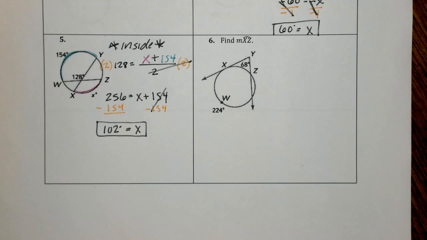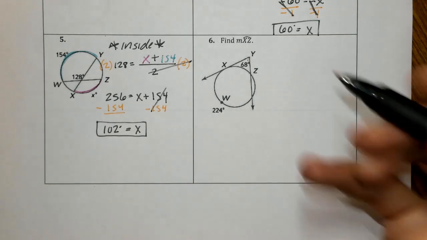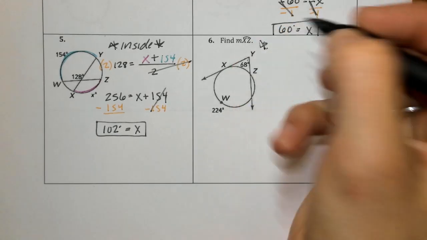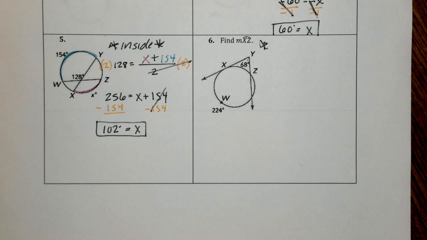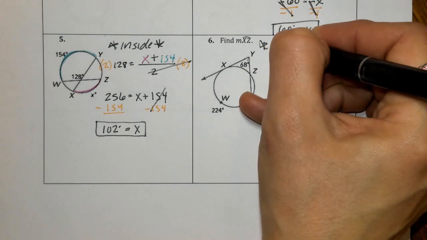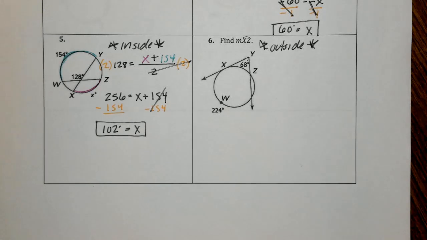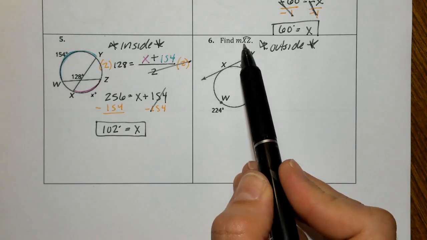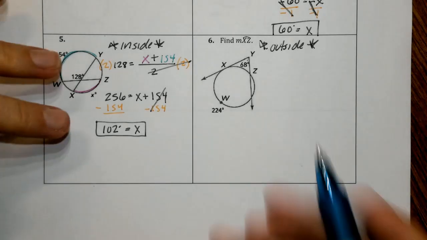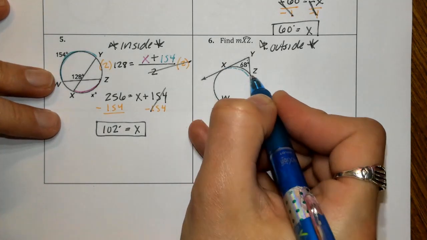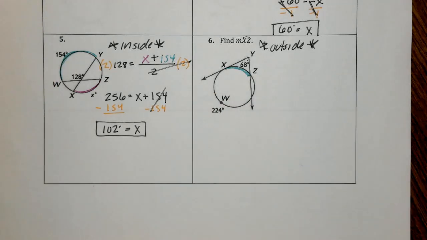All right, next, working backwards, and we're seeing that we have the angle outside. So just like number 4. The only difference here is going to be we want to find the measurement of arc XZ. We need to see where arc XZ is. It's going to be the smaller arc again, just like we did with number 4.